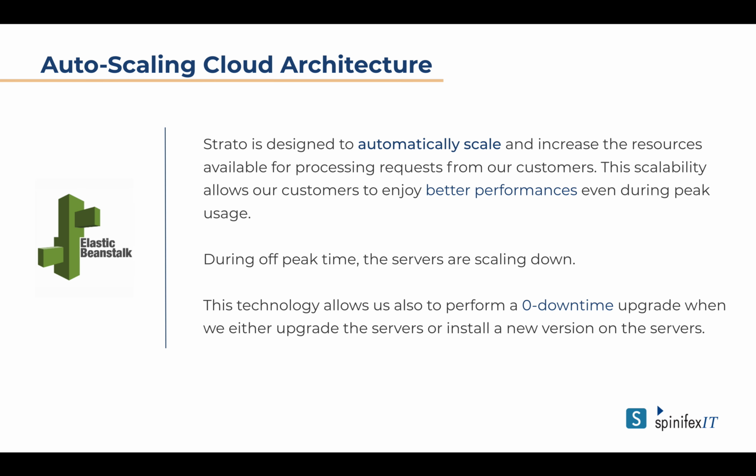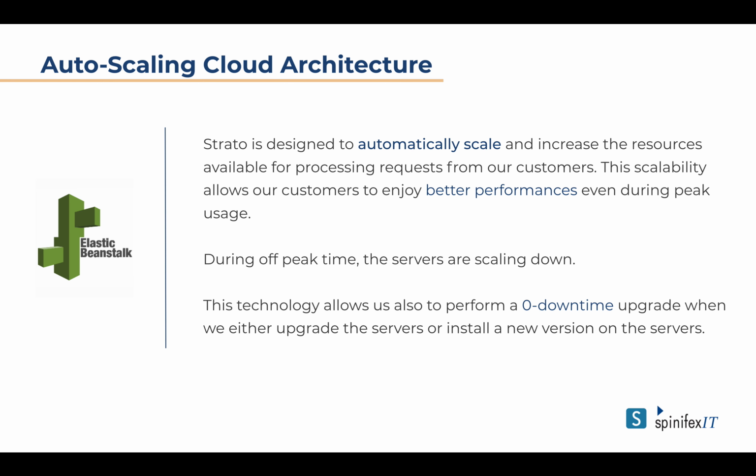Next to that, what we've built also in Strato is the auto-scaling. Which means that when Strato detects that it is getting too slow for proper user experience, Strato will automatically create a new server and distribute the load across the two servers. We really do that for the customer to have better performance.